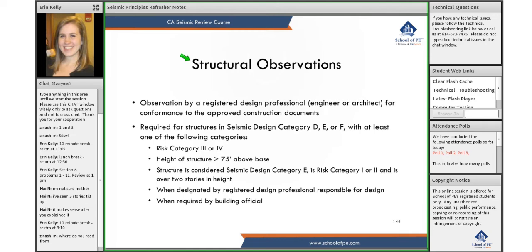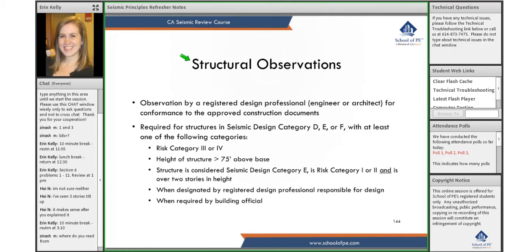So seismic design category E, you have to be particularly wary of your risk category and height. And then also, these are just kind of, if it's designated by the registered design professional responsible for design, and when required by a building official.